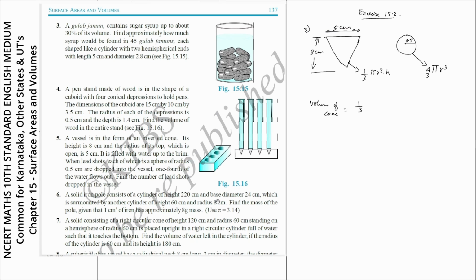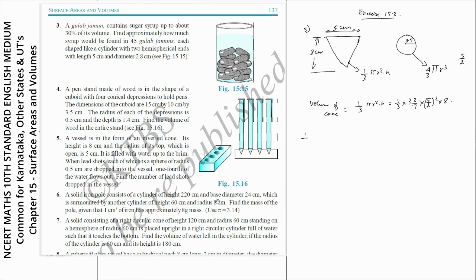It is given by 1/3 pi r square into h. So this is 1/3 into pi is 22/7 into r. R is 5/2. Okay, I'll keep it as 5/2 only. 5/2 the whole square into h is 8.